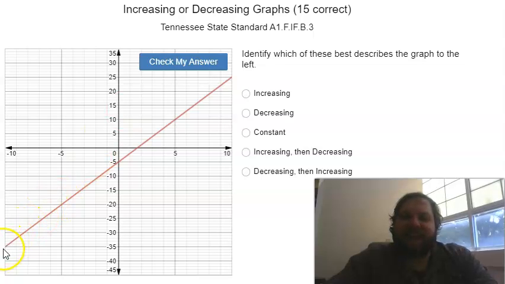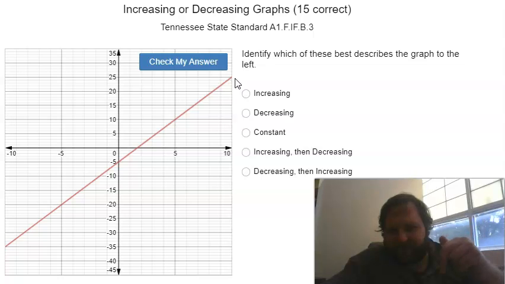So we want to look at this red graph that we see over here. In this case, this is a linear function. The way we want to read this is to start from the left side of the red graph and trace it all the way over to the right side. Our question is: is it going upward, which we describe as increasing?